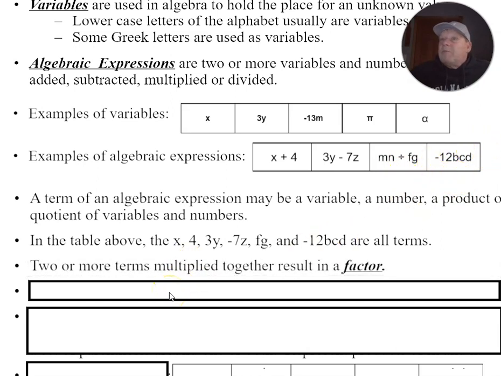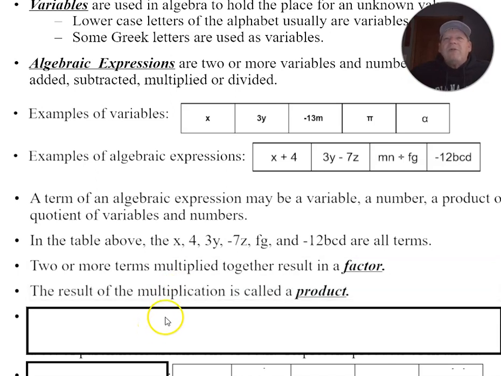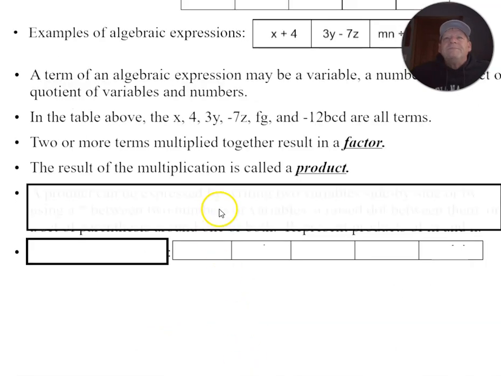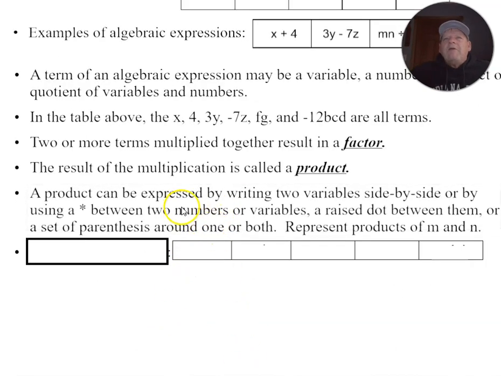Two or more terms multiplied together are called factors, and the result of multiplication is called a product. A product can be expressed by using two variables side by side or by using an asterisk between two numbers or variables, a raised dot between them, or a set of parentheses around one or both.